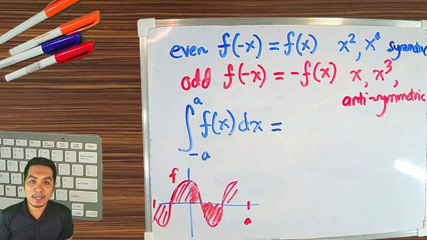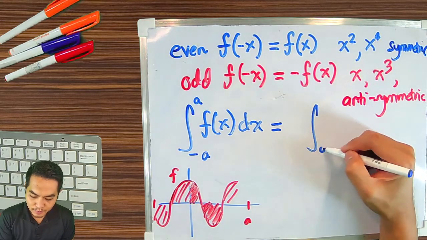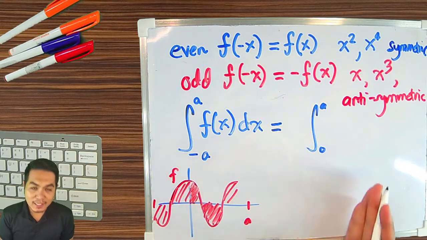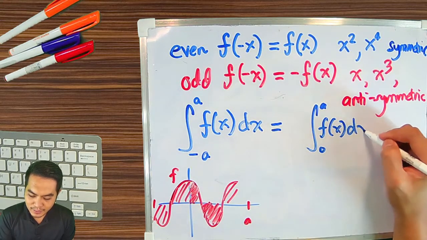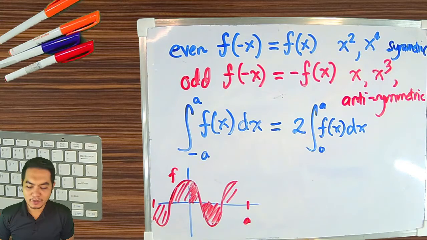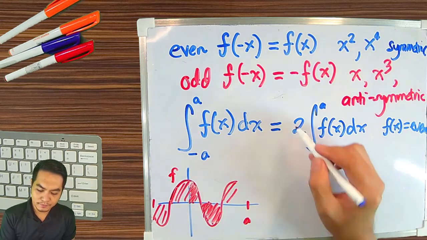Meaning, if f of x is even, you can just integrate from 0 to a of f of x dx and then multiply that by 2. That is if your f of x is even.